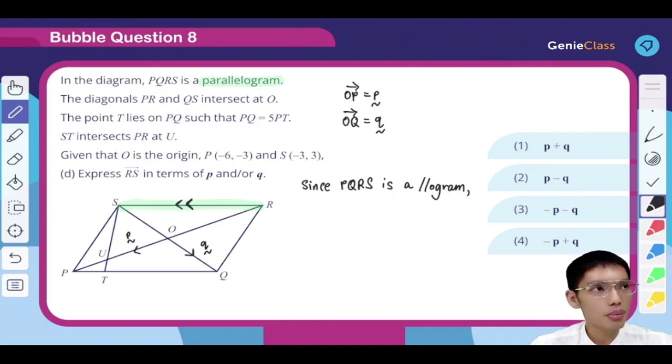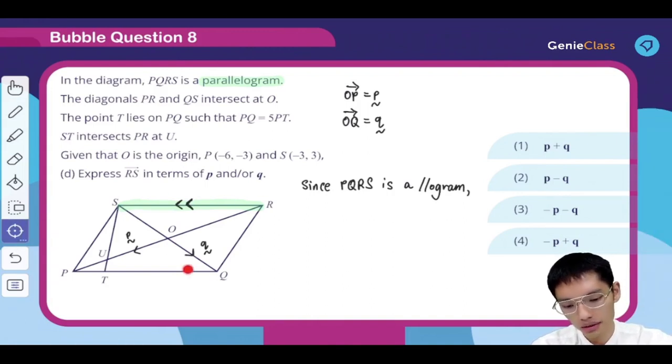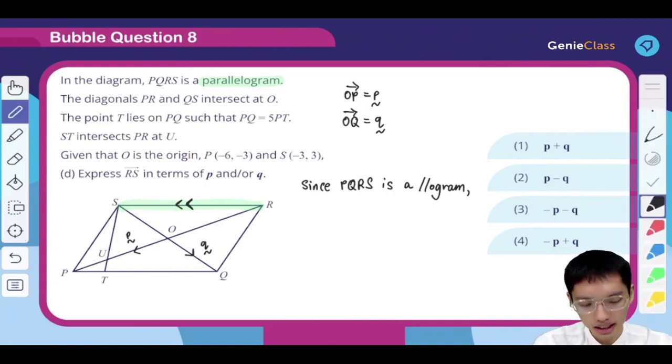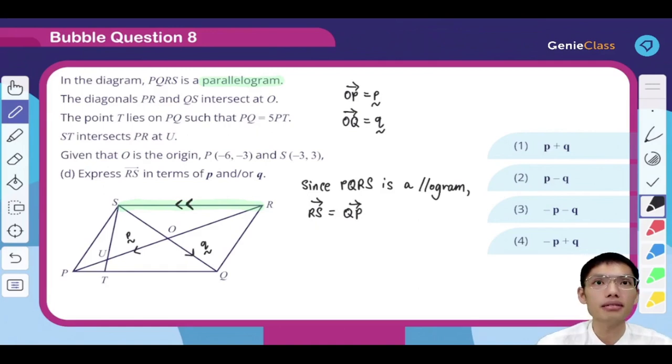have. Okay, so since PQRS is a parallelogram, what can I say about this vector and how I link it over here? I can say, take note, RS is equal to QP. Make sense? But how do I find QP?